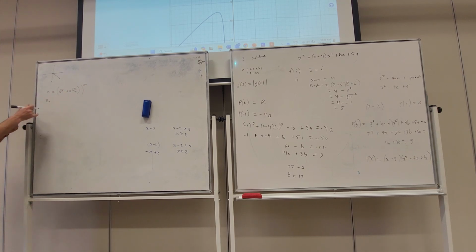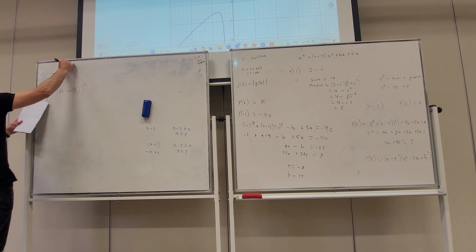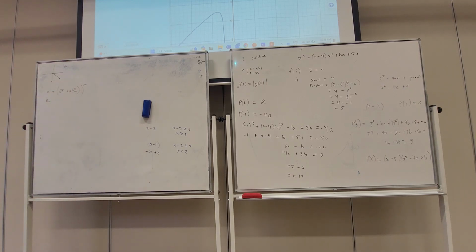and z2, so the real part's 1 and the imaginary part's root 3. So that's pi on 3, isn't it? But let's just check. All right, don't guess.